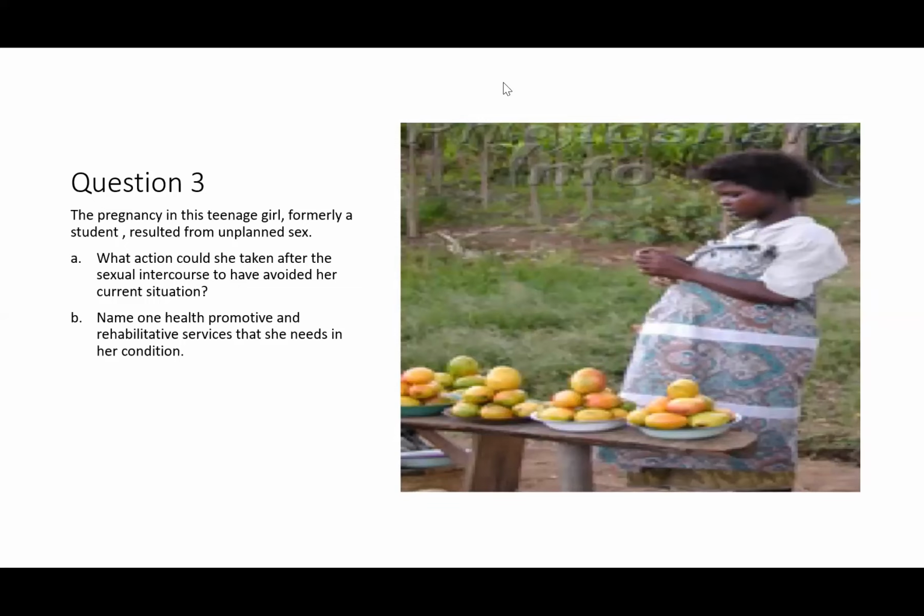What action could she take after the sexual intercourse to have avoided her current situation? B says, name one health promotive and rehabilitative service that she needs in her condition.